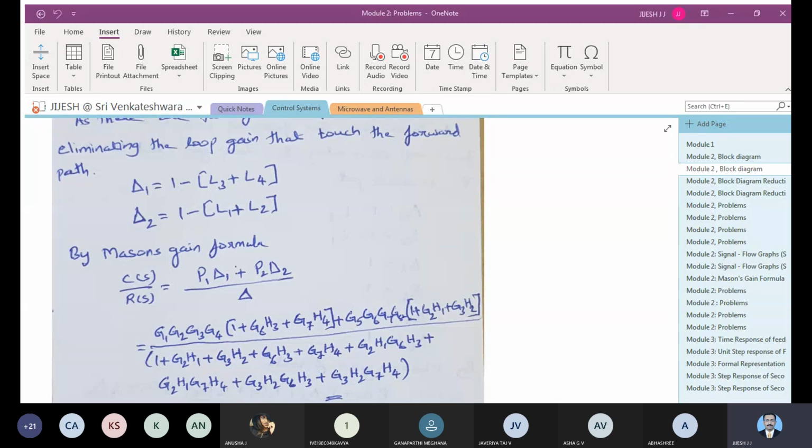We also saw the transfer function for the negative feedback process, wrote a few equations, and got the equation: C(s)/R(s) = G(s) / (1 + G(s)H(s)).